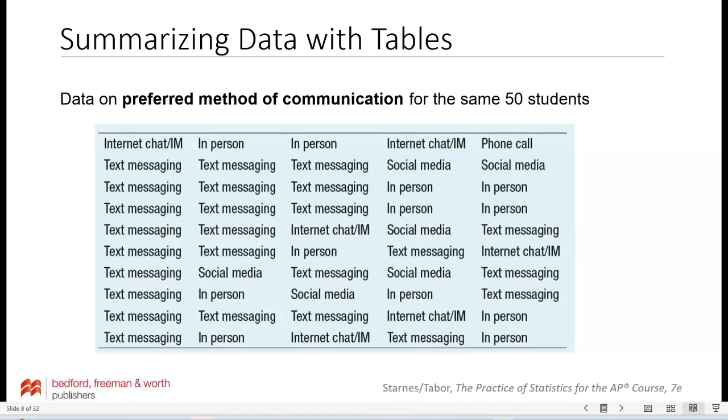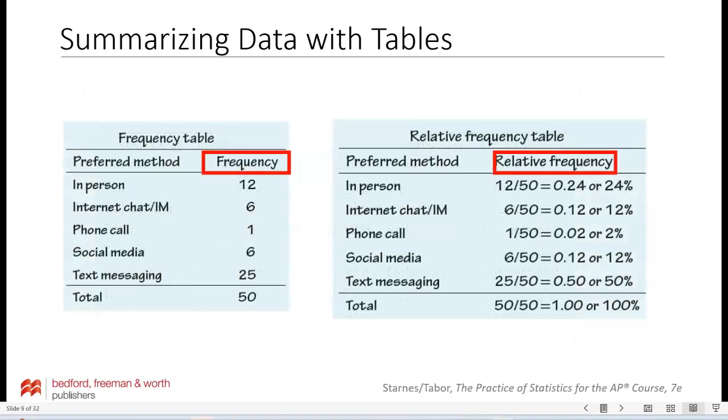This is data for all 50 students, how they prefer to communicate. You can see right away text messaging is pretty popular, probably the most popular, it looks like to me. So there are two different ways of displaying the data. You could say text messaging, 25 of the 50 students, on the left, that's the frequency of how often that answer occurs. 12 were in person, 6 were internet chats.